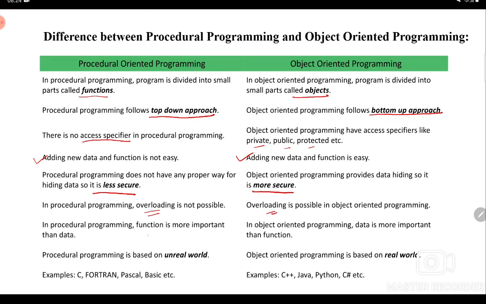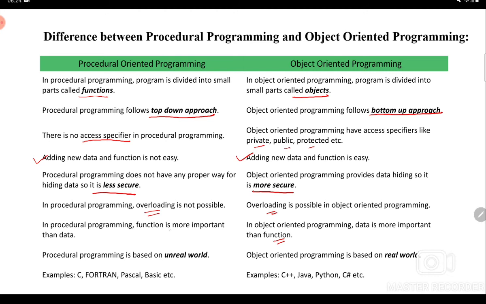In procedural programming, function is more important than data. Here, data is more important than function. Whenever we have an approach which is data centric, we have much more liberty in working with that particular data.